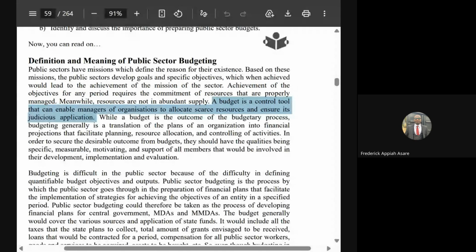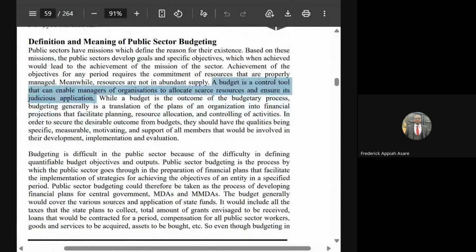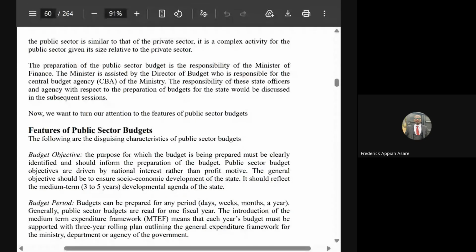If we don't do budgets, these people who are responsible for the public funds will just use the funds anyhow, which is going to affect us. So budgets will serve as a control tool that will enable managers of organizations, that is the public sector, to allocate scarce resources and ensure that it's used judiciously.